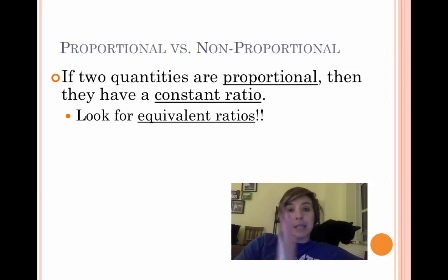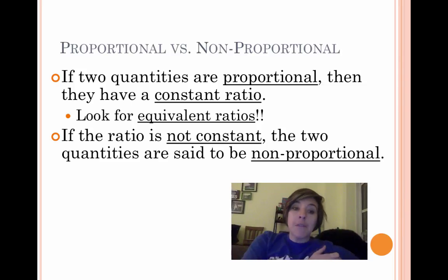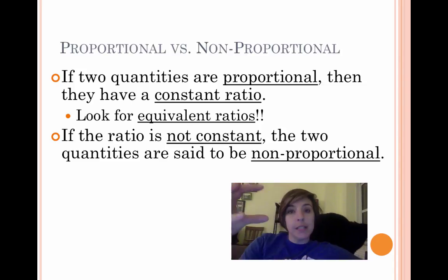If you keep seeing that equivalent ratio and multiplication to get from one number to the other on the variable, that means you have that constant ratio. That means you are seeing something that is proportional. If the ratio is not constant, the two sets of numbers are said to be non-proportional. So you only get that proportional relationship if you have equivalent ratios.